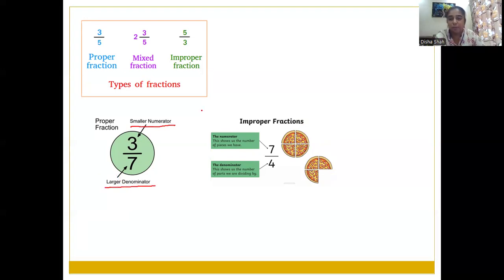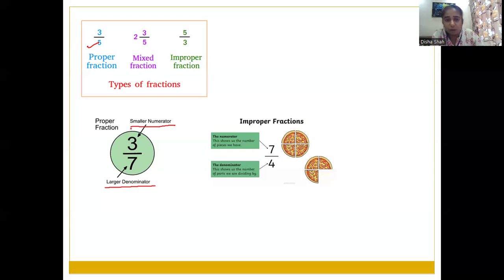In a fraction, we know there is a numerator, a denominator, and a line in between. That is a fraction. So a proper fraction is a fraction in which the denominator is big and the numerator is small. For example, 3/7 is an example of a proper fraction. 3/5 is also an example of a proper fraction.